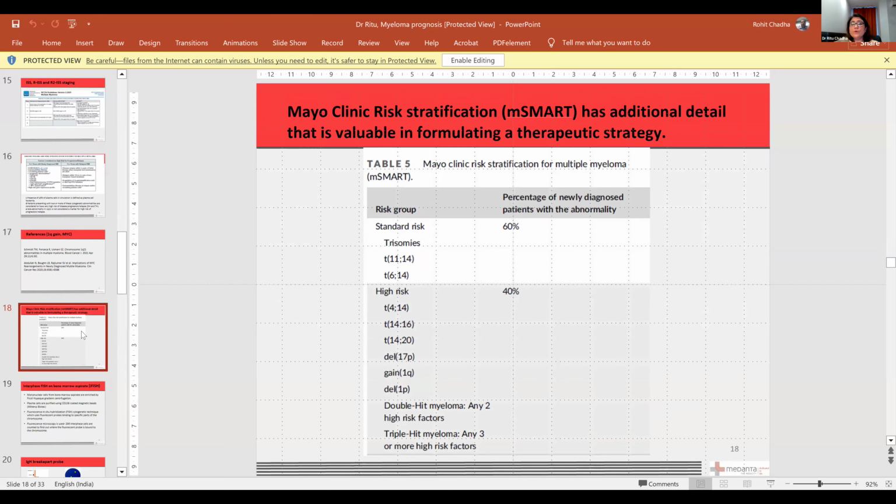I would like to tell you about the cytogenetic risk criteria. Sorry, I have a little throat infection. The cytogenetic risk criteria are basically standard and high risk.